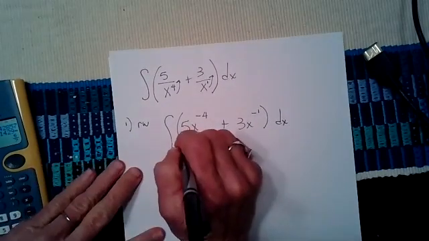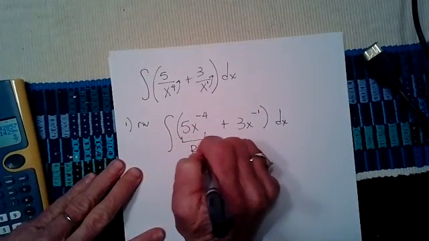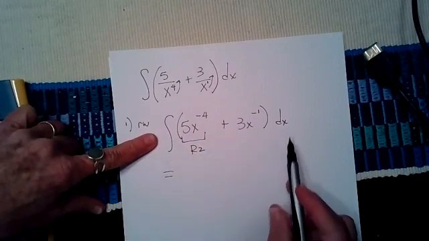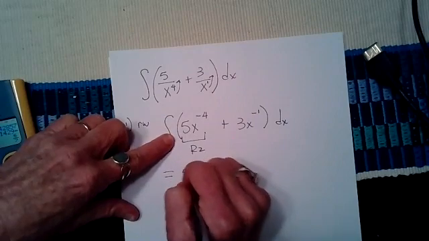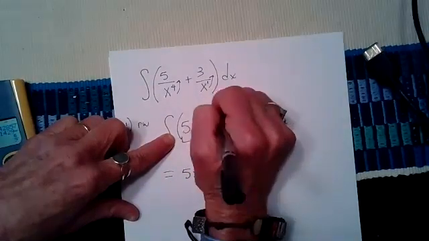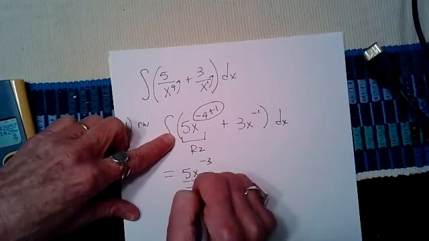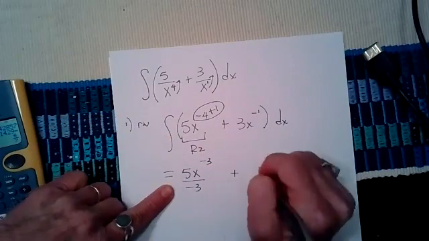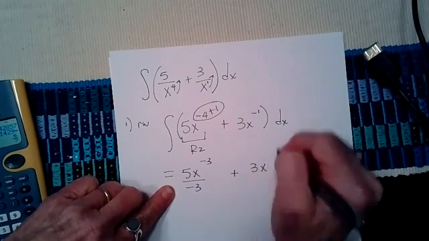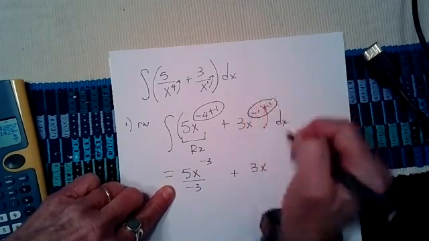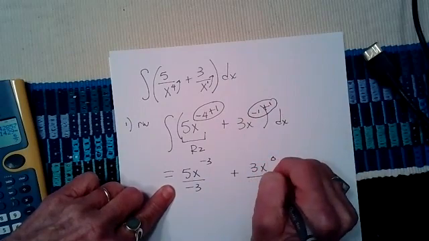Well, what rule is this? Rule 2. So once you apply your rules, you can leave your integral sign and your dx. So that's 5x, and when I add 1 to my exponent, my new exponent is what? -3, divided by -3. Okay? Plus 3x, and when I add 1 to -1, I get 0, divided by 0.